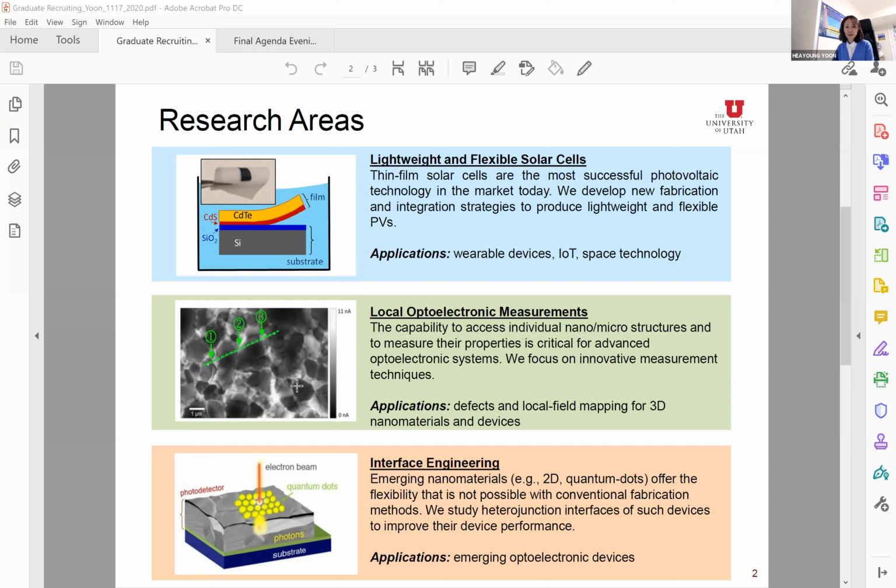We do many different types of solar cells, but we are very much interested in these lightweight and flexible devices. The reason is we want to go not only to these Earth applications, we want to go to outer space.